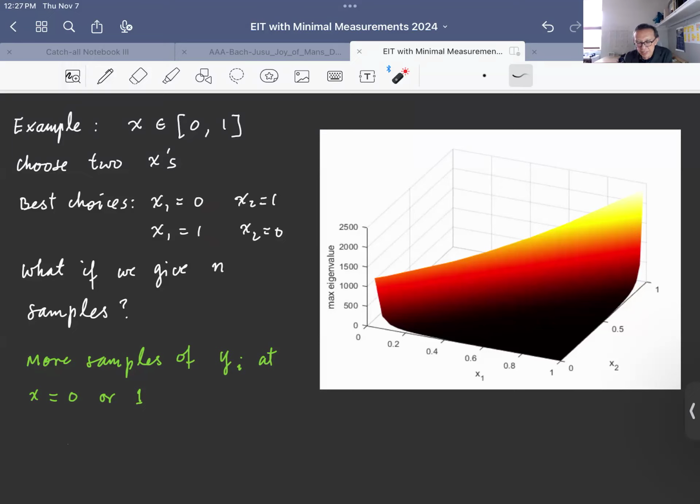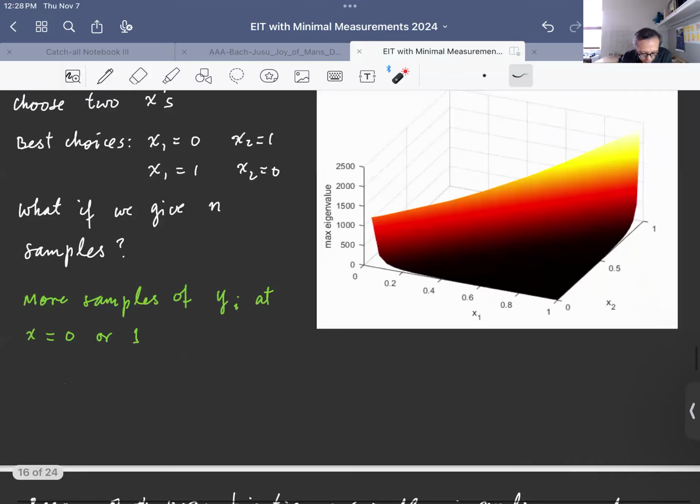Likewise, you will have the same property at the end. So you will do best by repeating your measurement over and over so that you reduce the error in the mean anyway. So that's the intuition that this is giving us for this particular problem.